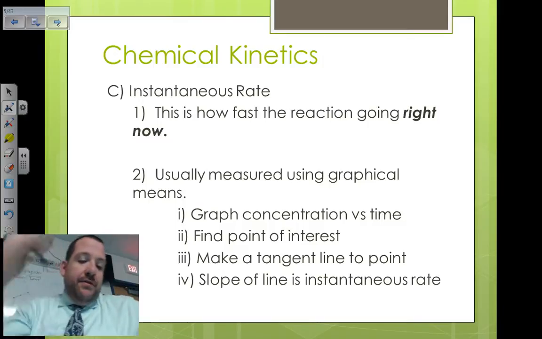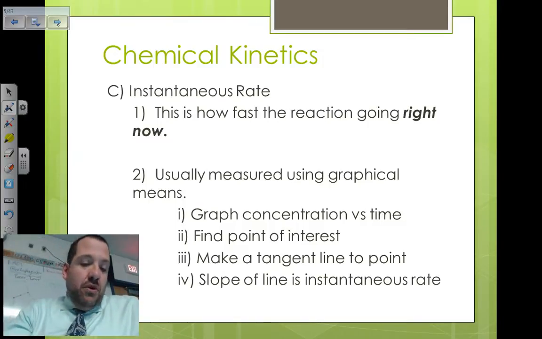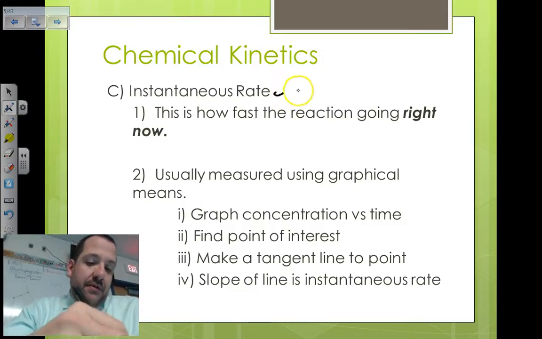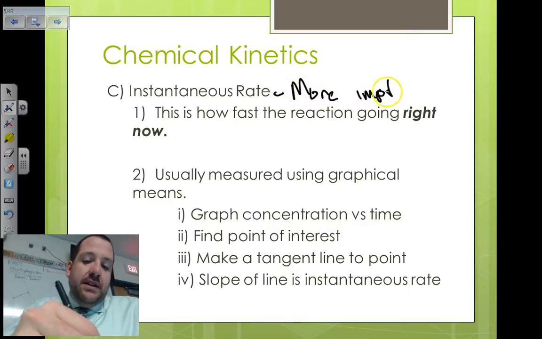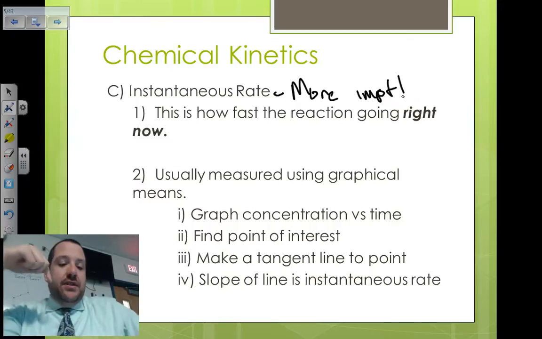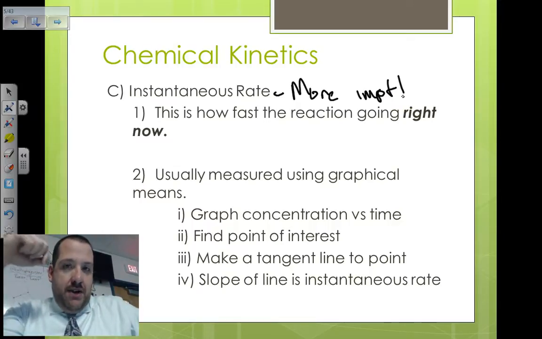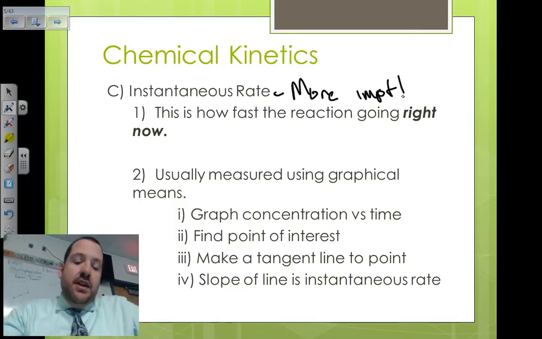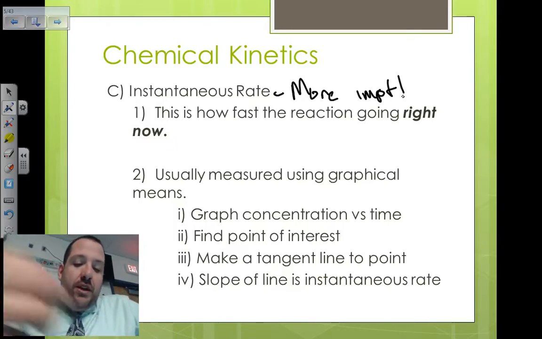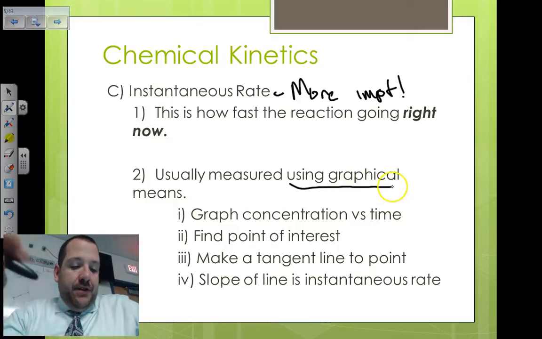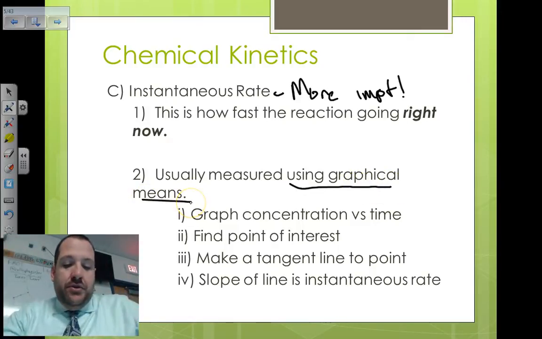The second type of rate is the more chemically relevant rate. This one's the more important rate, and this tells us how fast the reaction is going right now. Like right this moment, how fast is the reaction going? And we usually use graphical means in order to solve for this.